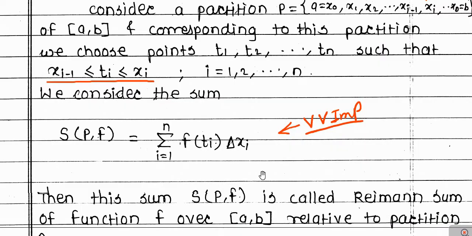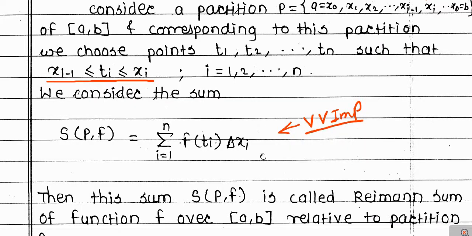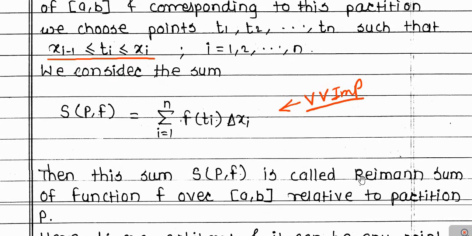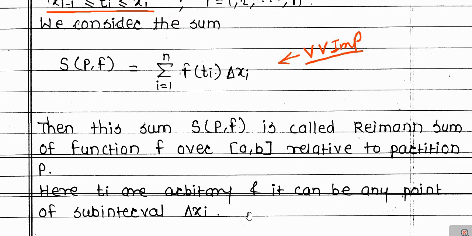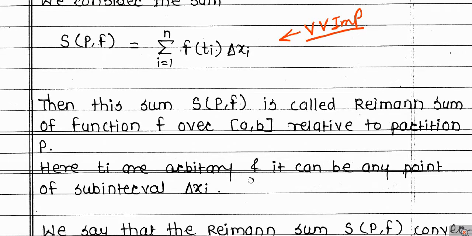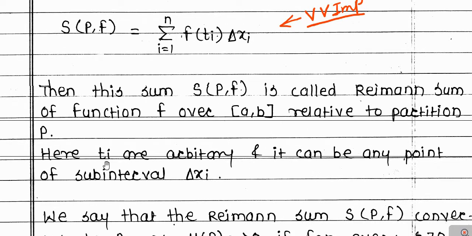Then this sum S(P, f) is called the Riemann sum of function f over the closed interval a to b relative to the partition P. Here ti are arbitrary, meaning we can choose ti as any one point which lies in the ith subinterval. As ti are arbitrary, we may get infinitely many Riemann sums.